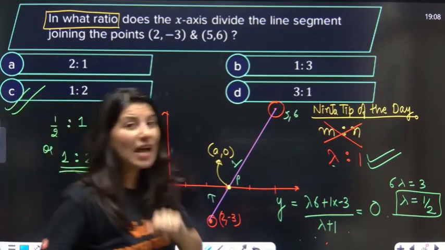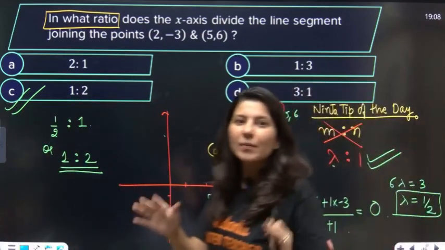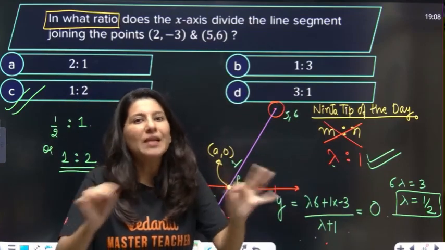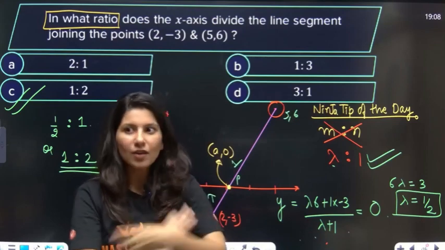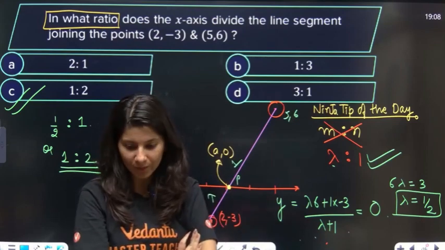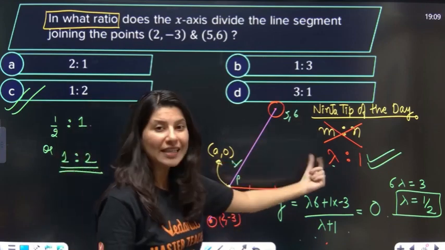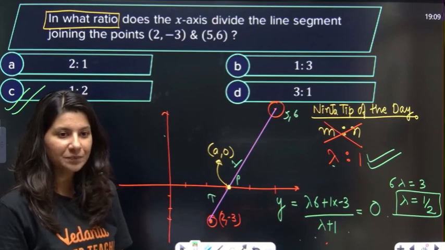But what will happen if you take m is to n? You won't be able to calculate m and n both. You will only be left with one equation involving m and n, and you'll be like, now what to do? That is why you have to take lambda is to 1. Everybody, Ninja tip of the day.